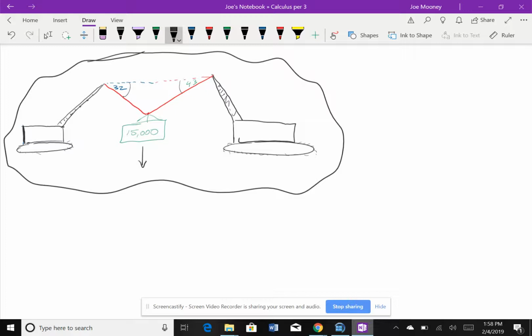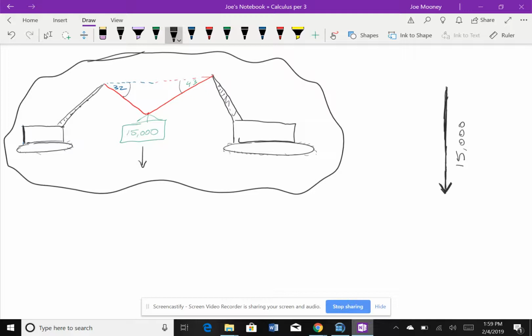So what we do know is gravity is pulling that object straight down. And the magnitude of that, the length of that vector, is 15,000 pounds.